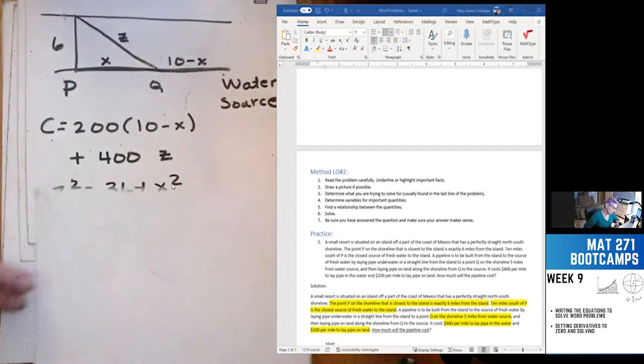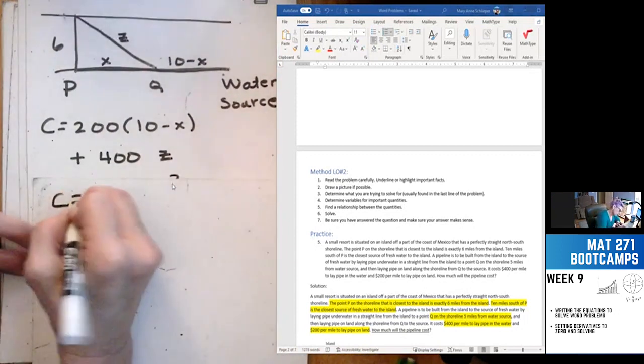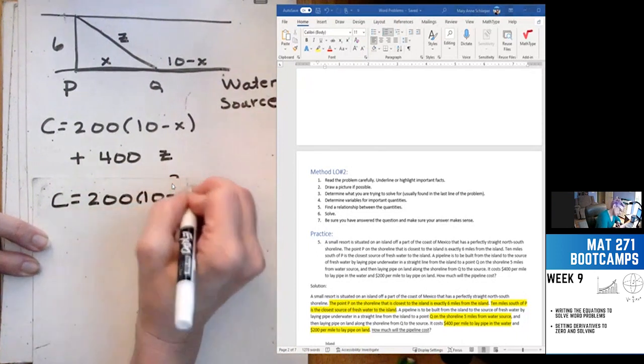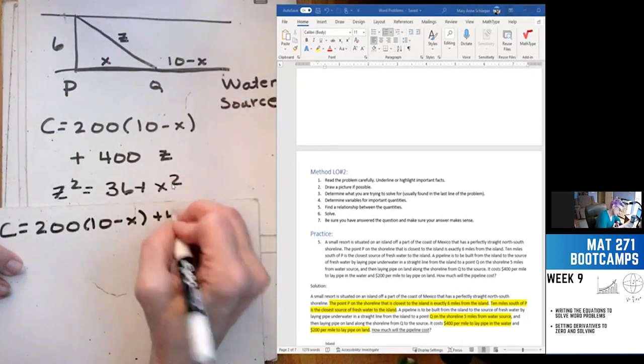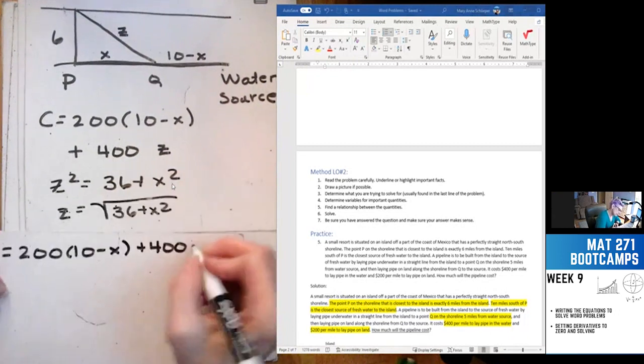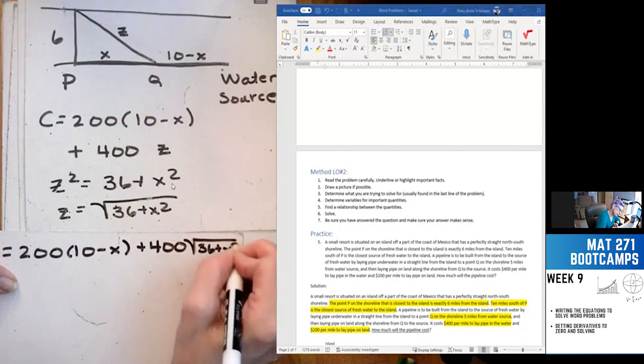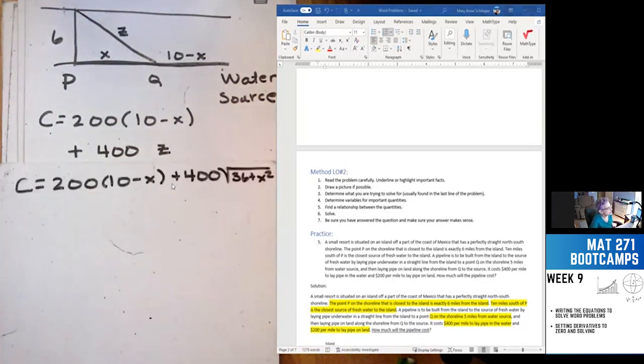So now you would have a cost function equal to 200 times 10 minus X plus 400 times the square root of 36 plus X squared. So that's the kind of function that you're going to see in your calculus problems.